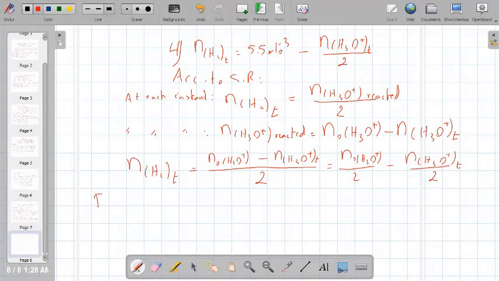Divide by the volume? The relation would become concentration, but we should determine the relation in number of moles, so we don't need to divide by the volume. Okay, later.